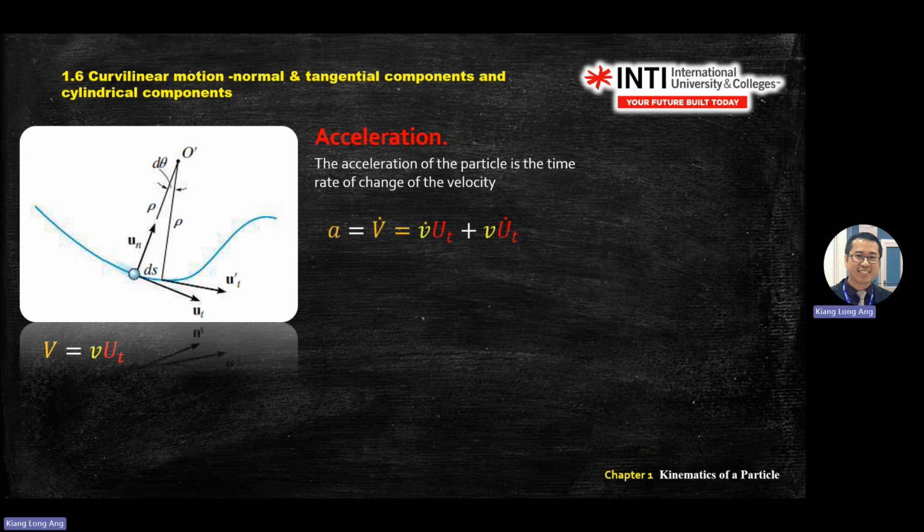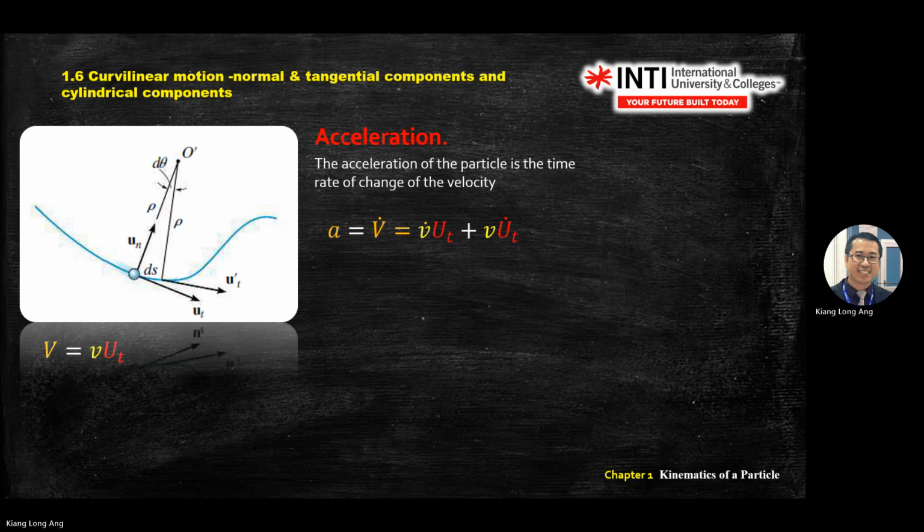Okay, so I write: a equal to acceleration equal to v dot. V dot means you time differentiate your velocity, dv dt, equal to v dot ut plus v u dot t. This one uses the chain rule. Do you need me to write this out? What is the chain rule?